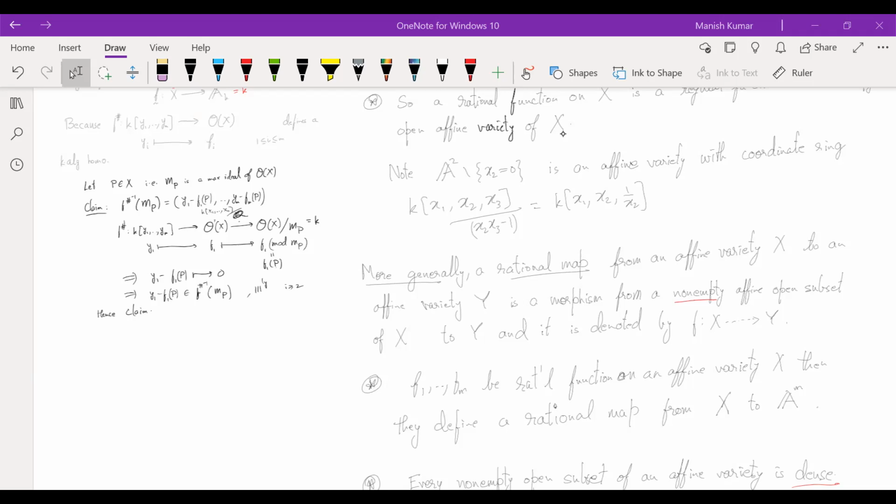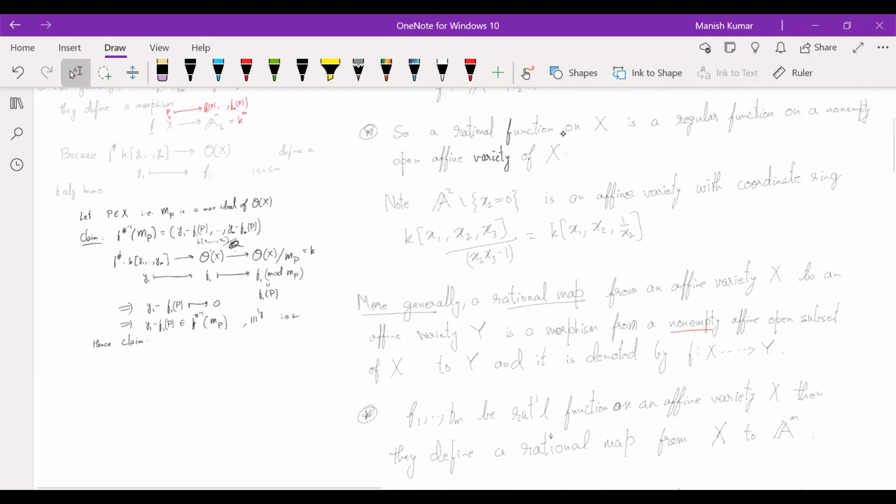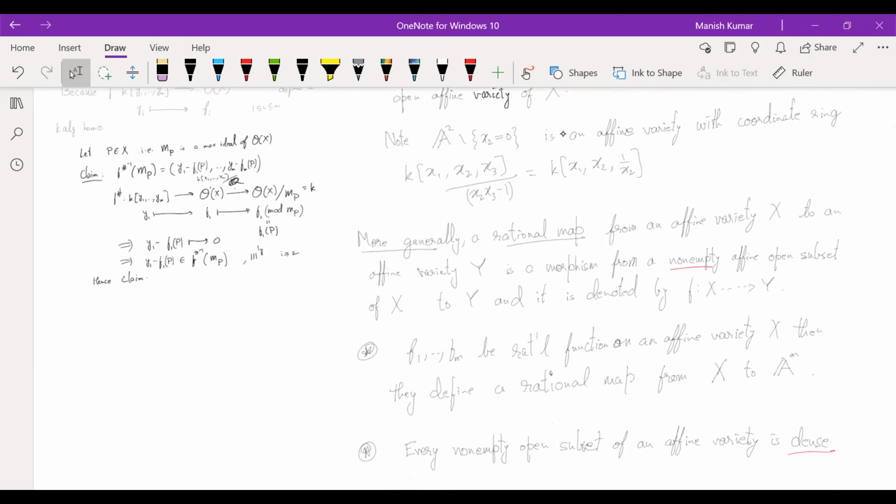And like regular functions define a morphism from X to A^1 or A^m if you have m regular functions, rational functions define a rational map from X to A^m, because the function is not defined on the whole of X, only on some open subset. So it's not a morphism from X to A^m, it's just a rational map.